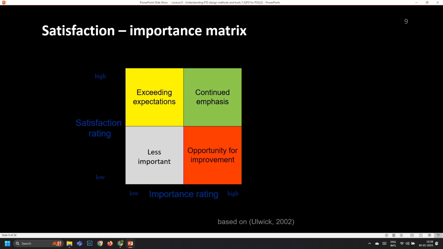So that means the customer value in the right bottom corner is more important, but customers are currently not so satisfied. Okay, so important, but not yet satisfied. Then this gives an opportunity for improvement.